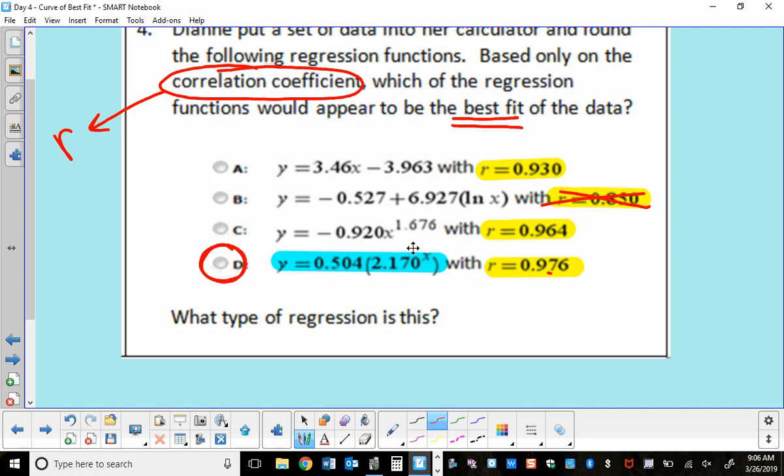It's exponential because there's an x in the exponent. Exponential. Any questions there?